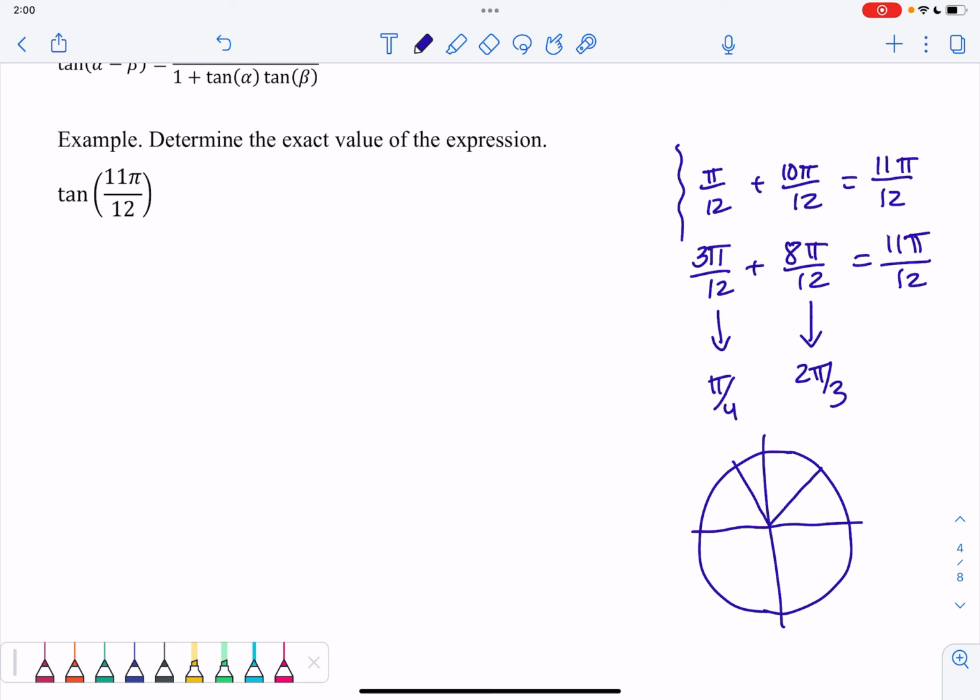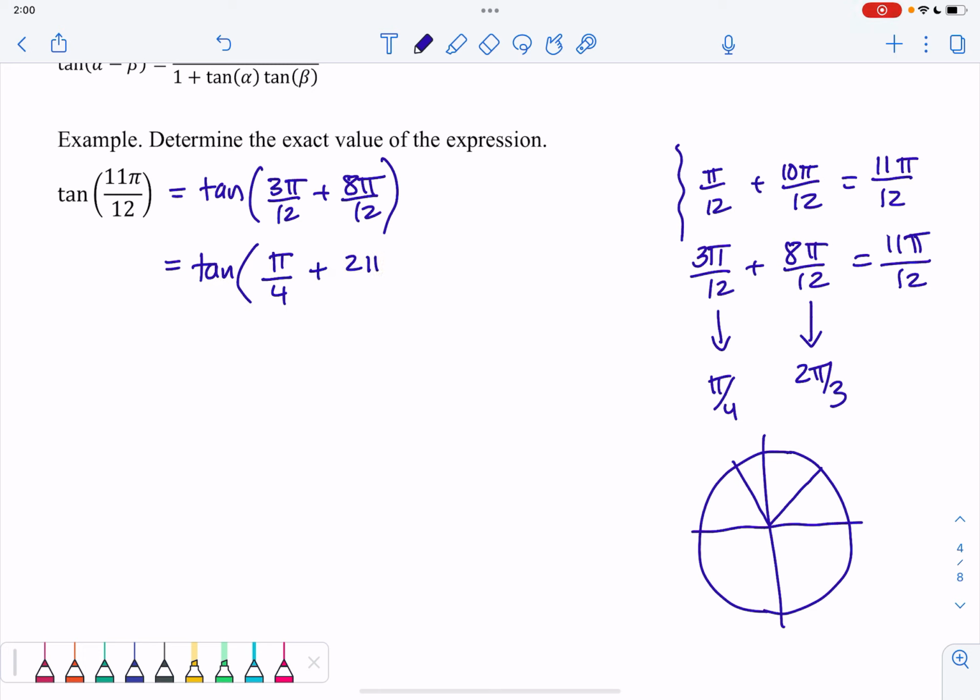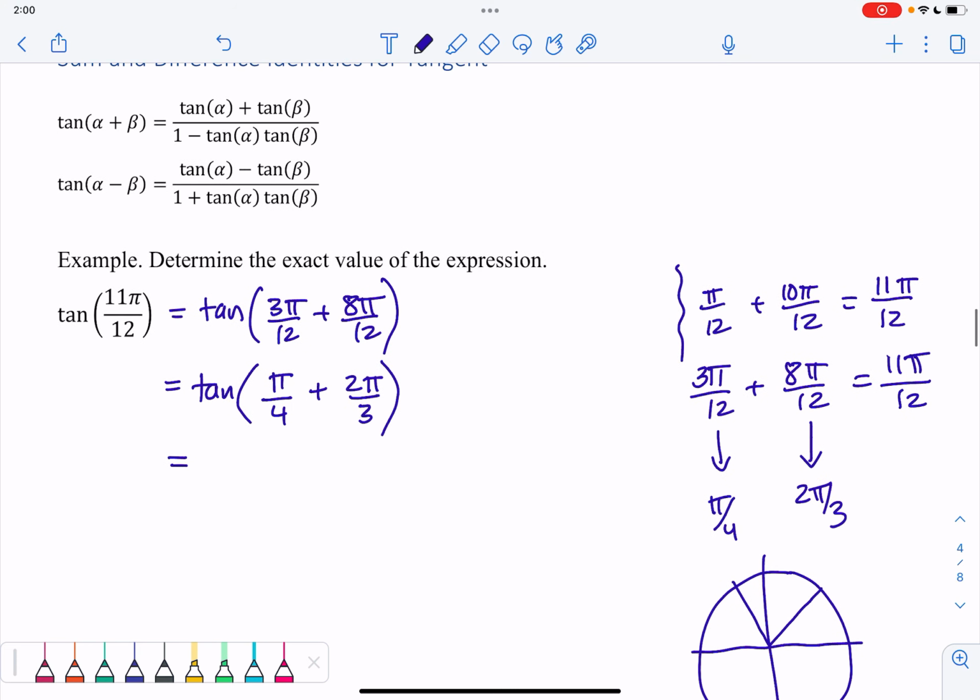So we are going to use this. We're going to say tangent of 11 pi over 12 is the same as tangent of 3 pi over 12 plus 8 pi over 12. And the only reason we're doing that is because now that is the tangent of pi over 4 plus 2 pi over 3. We want to do that because we have this nice formula. So pi over 4, you're playing the role of alpha, and 2 pi over 3, you're going to be playing the role of beta.